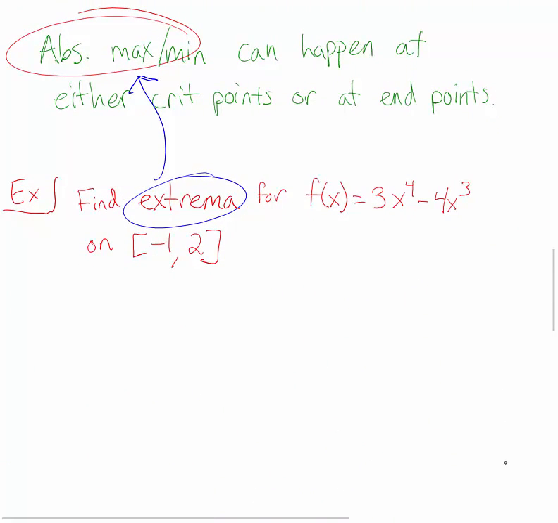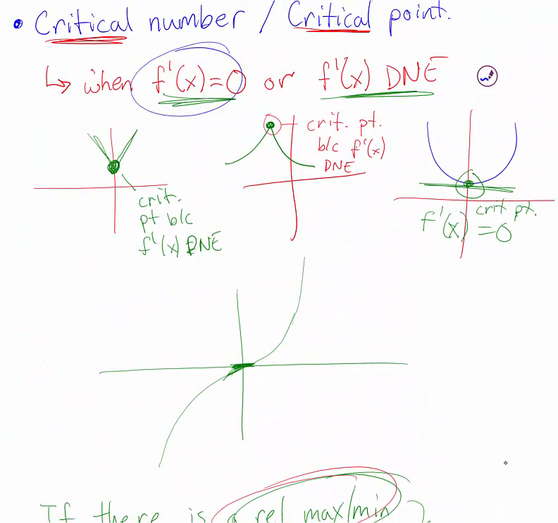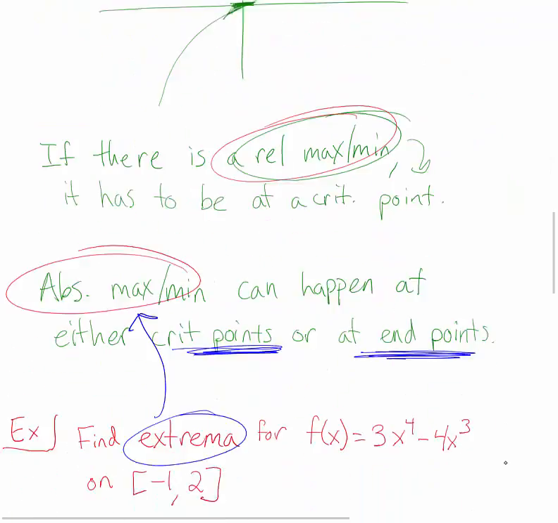So going back to this example, you basically want to check for absolute maximum and minimums. You want to check any critical points and the endpoints. So critical points are where the derivative is equal to 0 and where it doesn't exist.